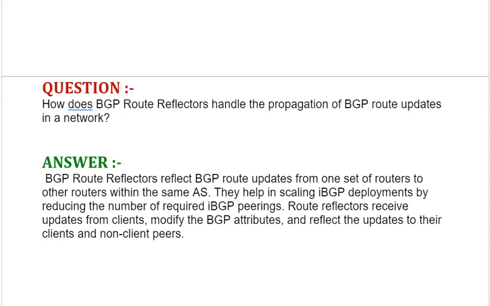They help in scaling iBGP deployments by reducing the number of required iBGP pairings. Route reflectors receive updates from clients, modify the BGP attributes, and reflect the updates to their clients and non-client peers.